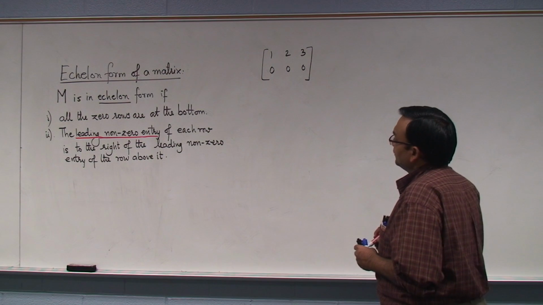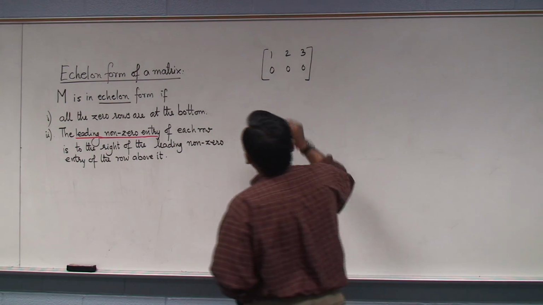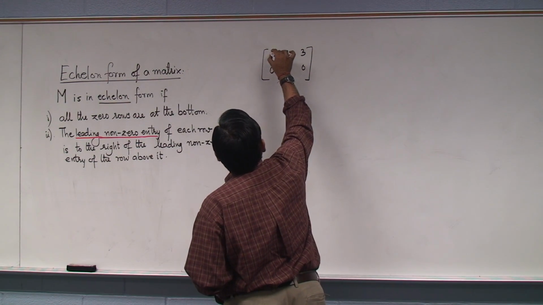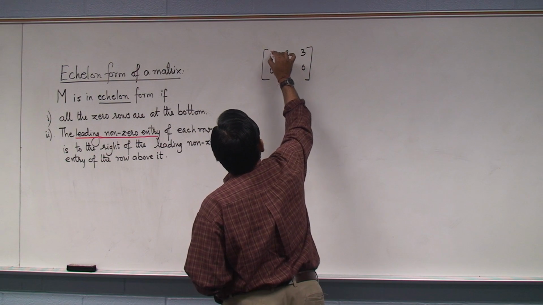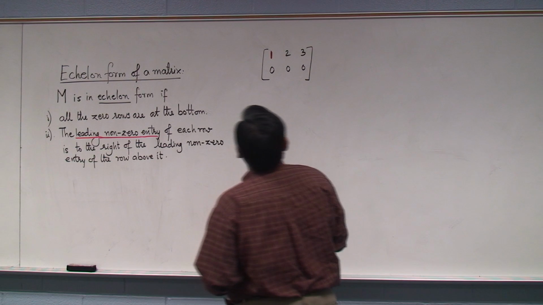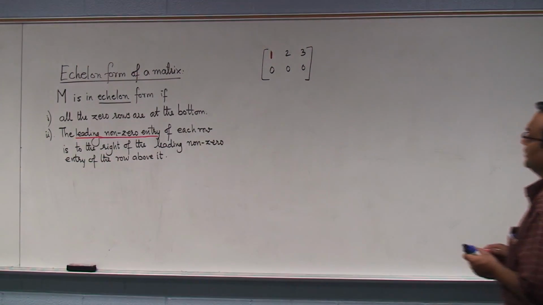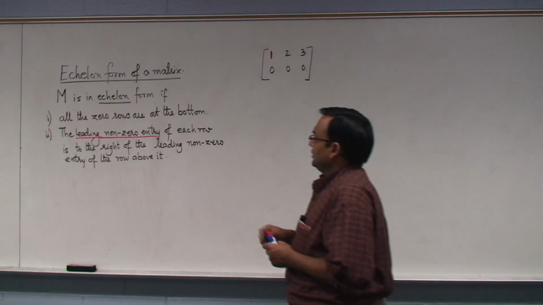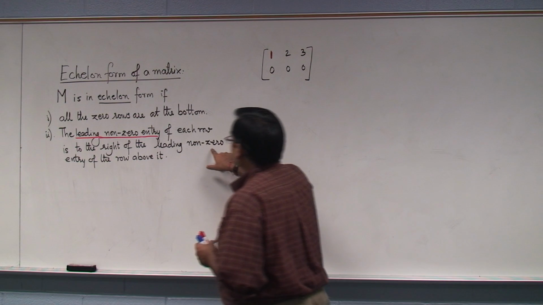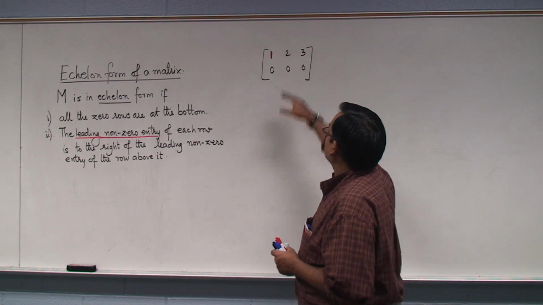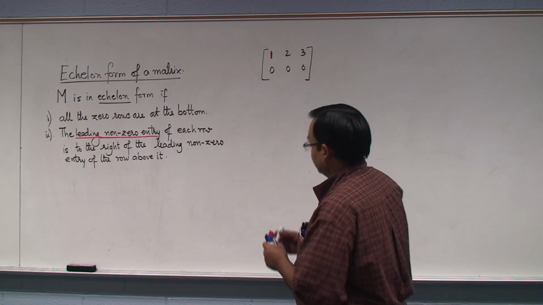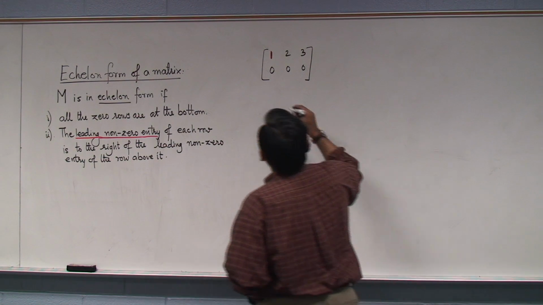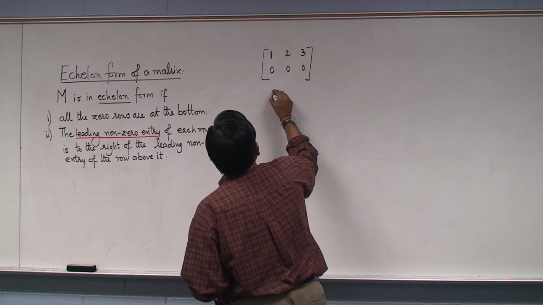Well, leading non-zero entry would simply mean the very first entry in each row which is non-zero. So for example, in here, 1 is the leading non-zero entry in the first row. Each leading non-zero entry should be to the right of the leading non-zero entry of the row above it. Well, there's no row above it, so this condition will be met without any problems. So this we will say is in echelon form.